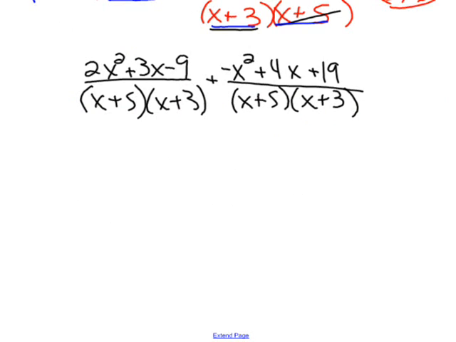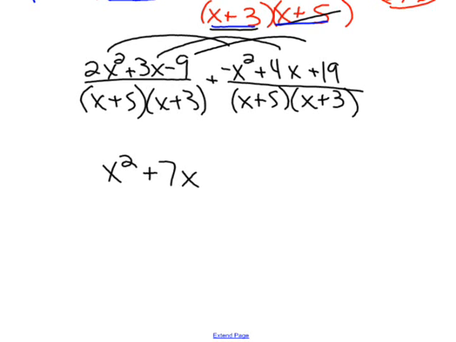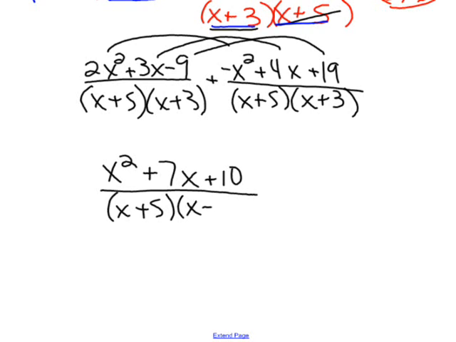Now we're going to go ahead. Our denominators are the same, so we're going to combine like terms. 2x squared and negative x squared is x squared. 3x plus 4x is 7x. And negative 9 plus 19 is positive 10 over x plus 5, x plus 3.